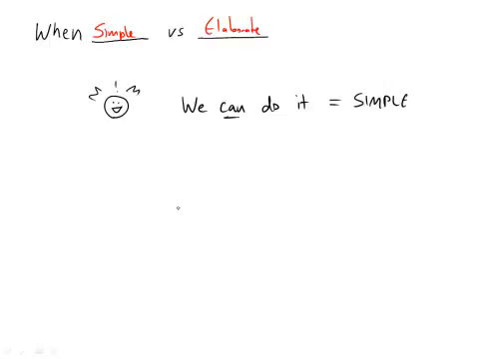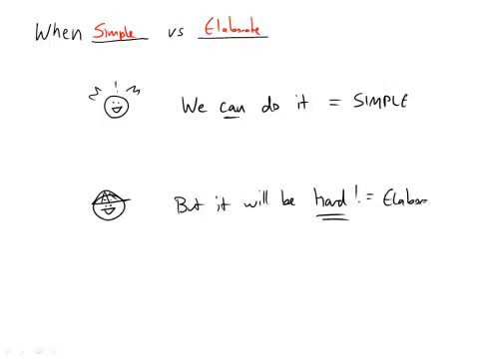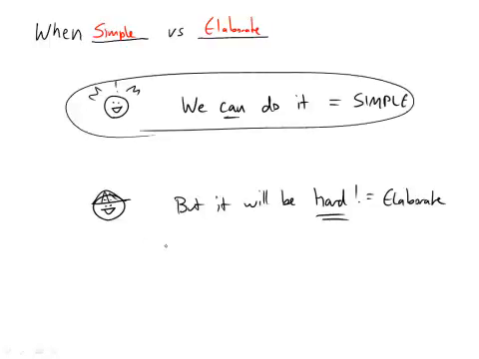If, however, we want to say, but it will be hard, then, Mr. Expert, then we want it to be elaborate. We can do it. Let's make it simple and inspiring, but it will be hard.